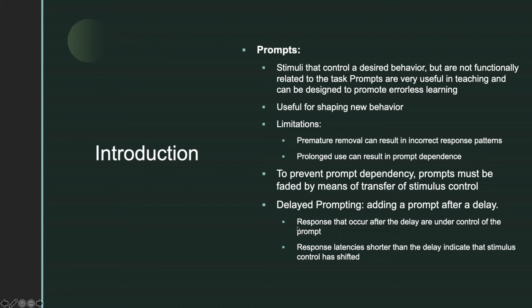Responding that occurs after the delay is under control of the prompt, right? So if the individual waits out the time to the point where I have to provide prompting, then stimulus control has not been transferred. Response latencies that are shorter than the delay indicate that stimulus control has shifted, right? So if the individual begins responding before the delay runs out and before I have to prompt, then certainly the response is under the control of the appropriate stimuli.